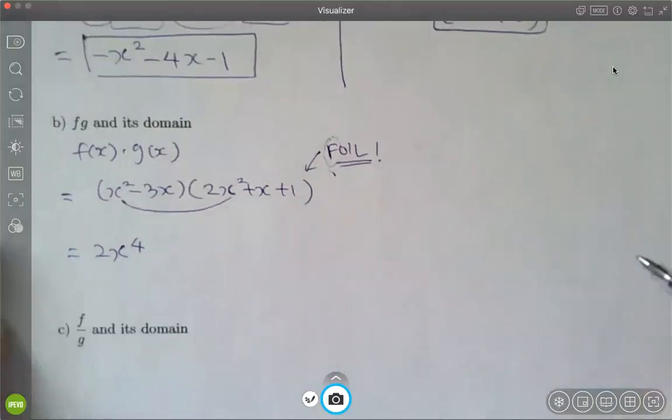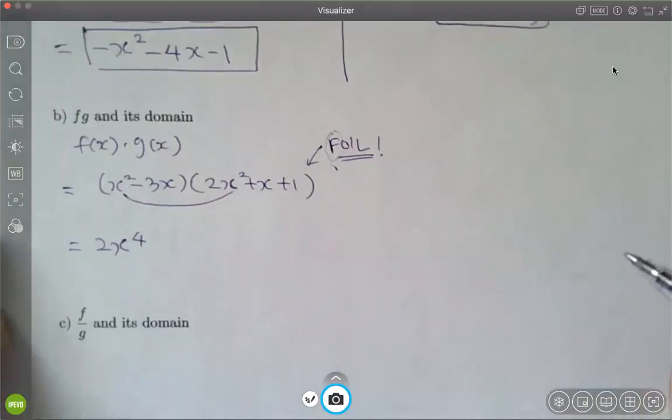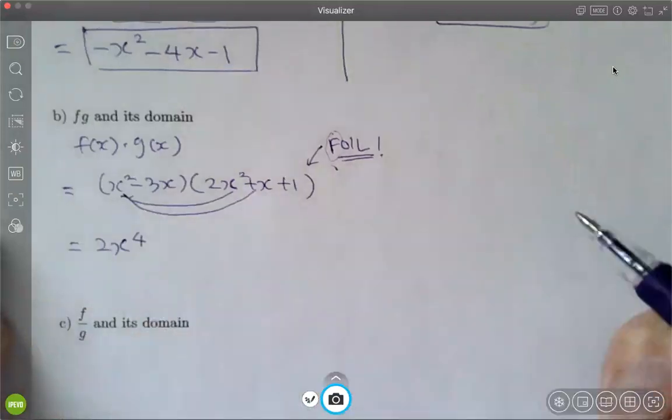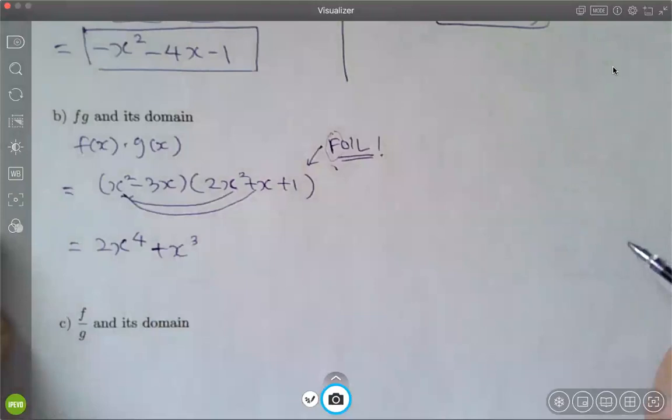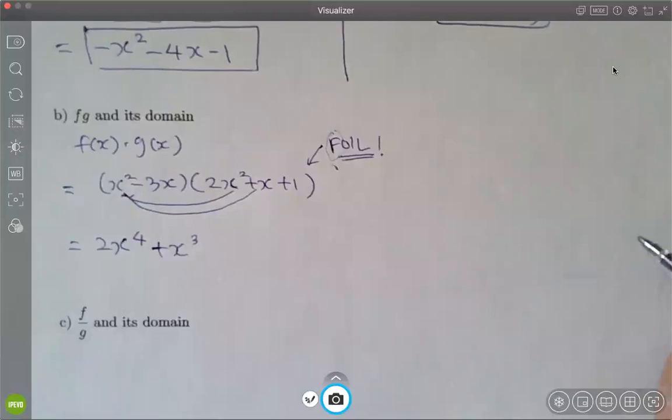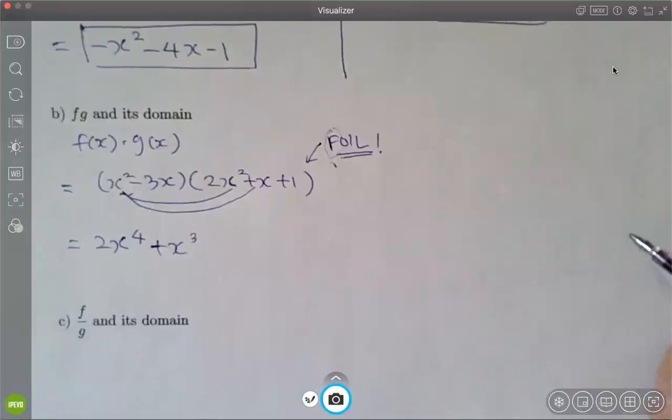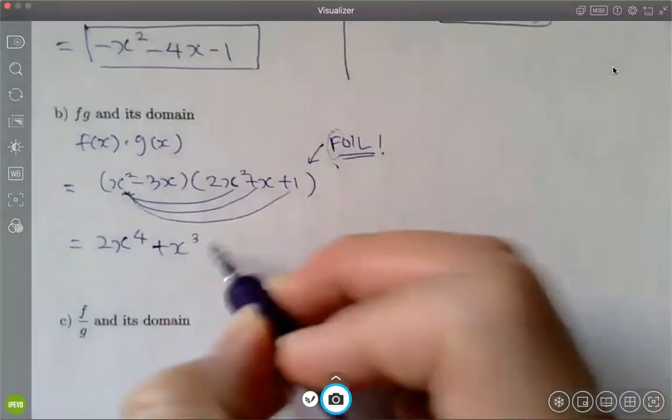X squared times x. That, right? Which is equal to what? X cubed, right? And then where do you go? X squared times 1. That, right? Yes. Okay, so plus x squared.